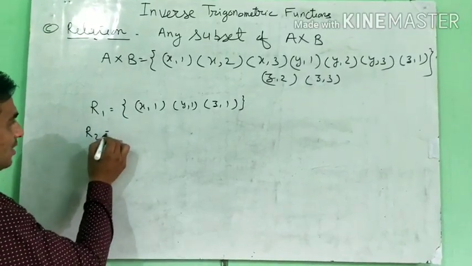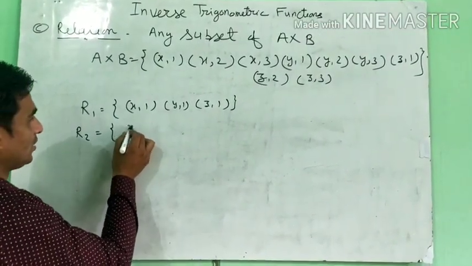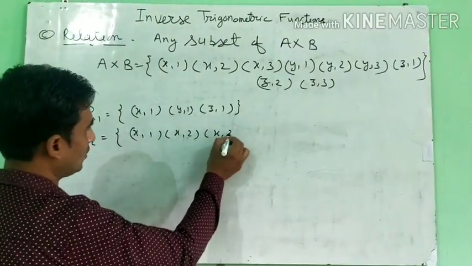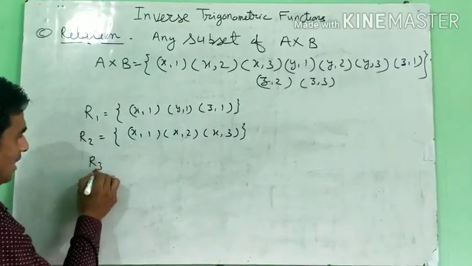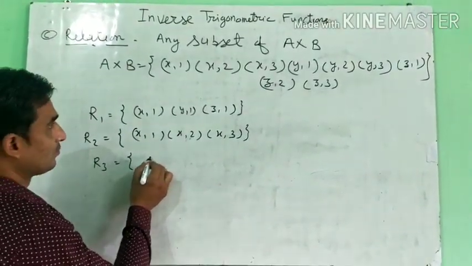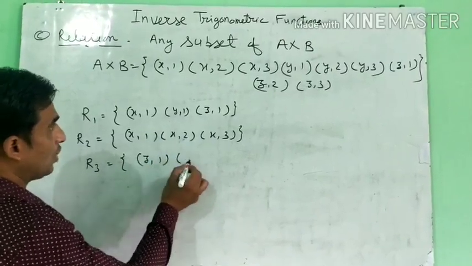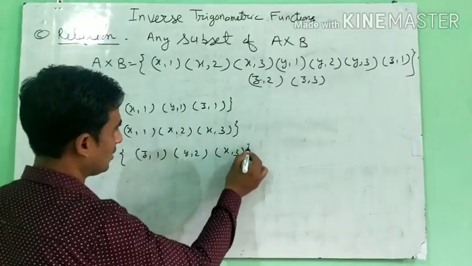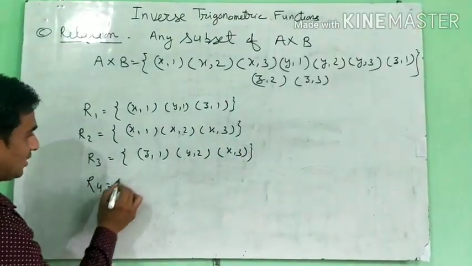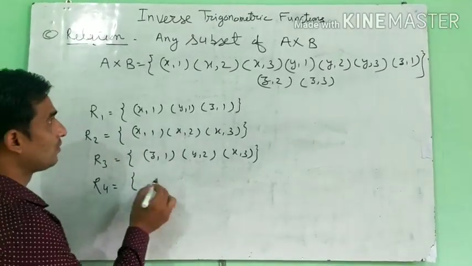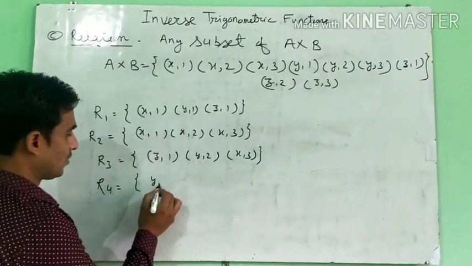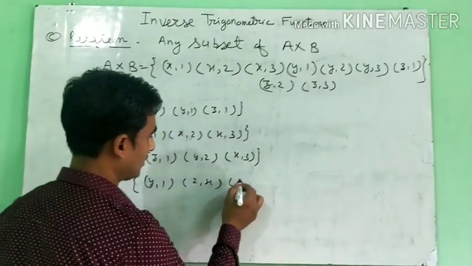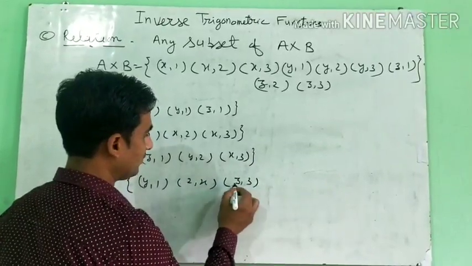Another set R2 as (x,1), (x,2), (x,3). Another set R3 is (z,1), (y,2), (x,3). And another set R4 is (y,1), (2,x), (z,3).